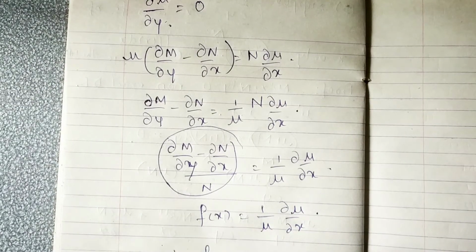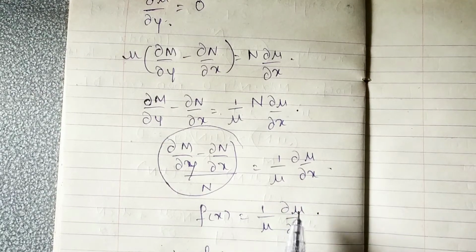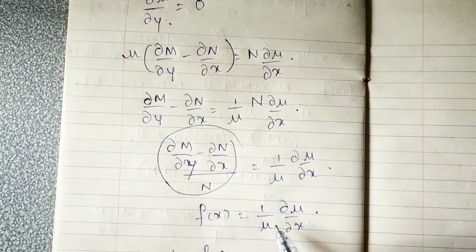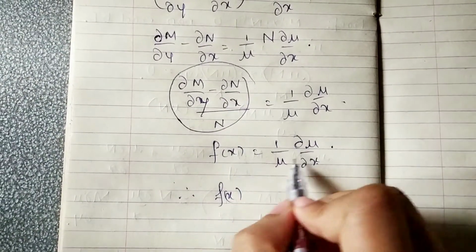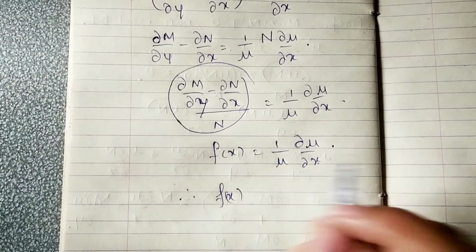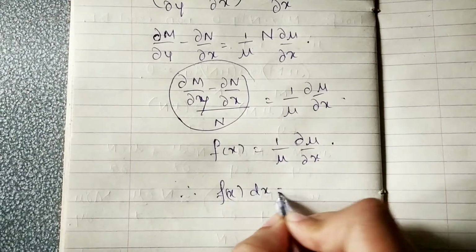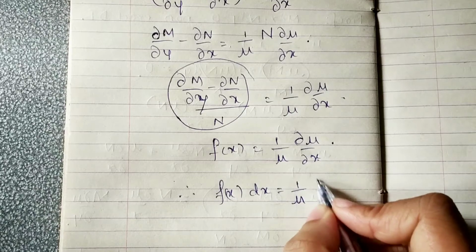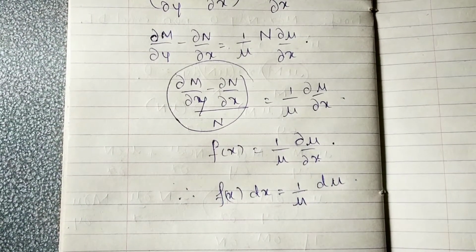These are all functions of x only, so we cannot take this as a partial derivative. This will become a complete derivative because only one independent variable is there, so we take d instead of dou. So f of x into dx equal to 1 by mu into d mu. Am I correct?